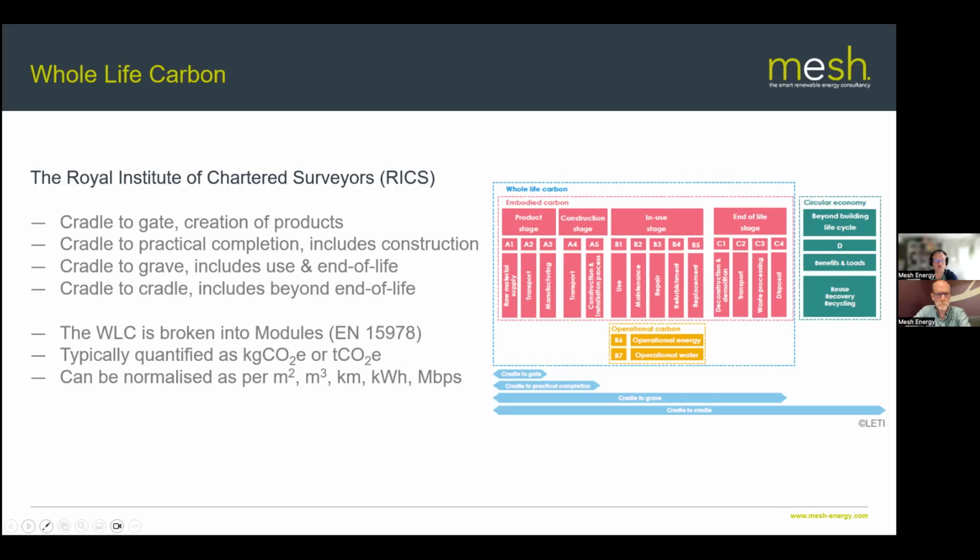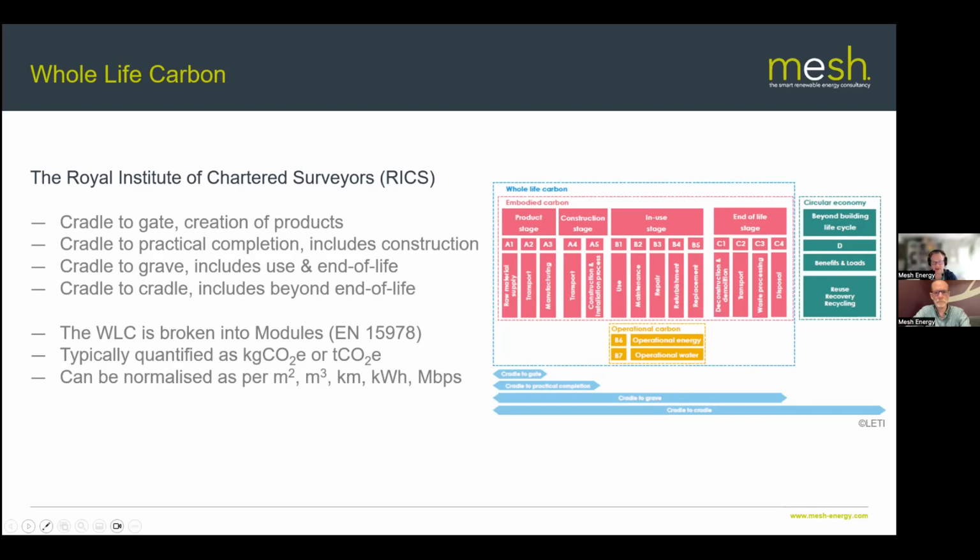And then we have cradle to grave. This includes use and end of life. So we're talking about repair, maintenance, refurbishment, as well as replacement of any materials, such as building services, for example.